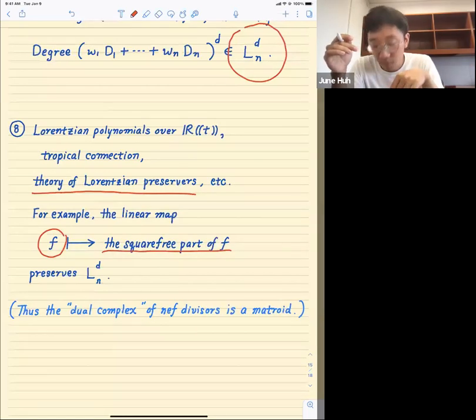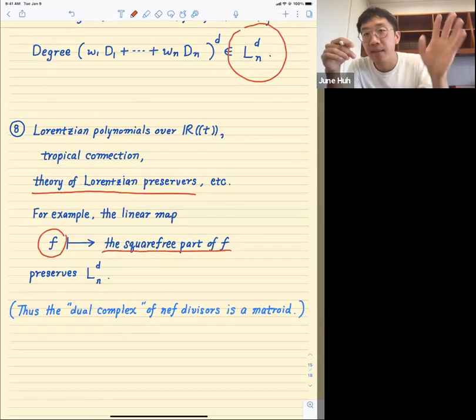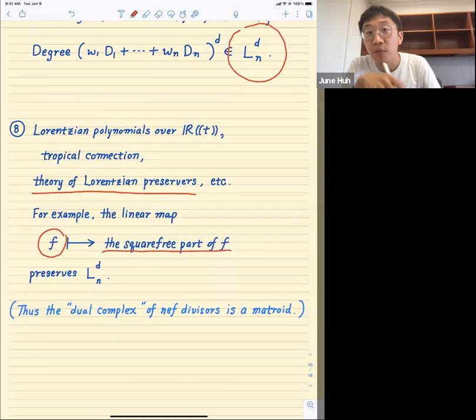And then you notice by this whole thing that you must always get a matroid, the set of bases of a matroid, because the square-free part is Lorentzian, so its support is M-convex, but now you have monomials that have 0, 1 exponents, and that's exactly matroids.